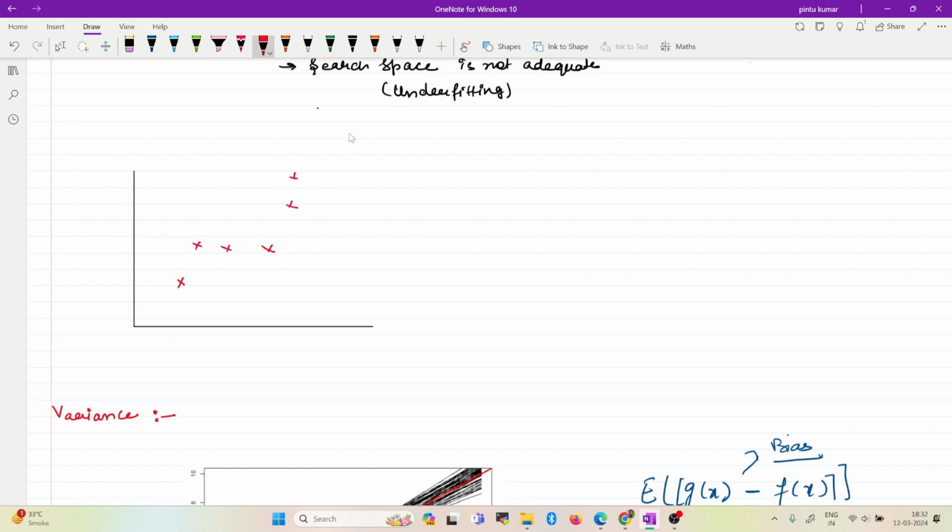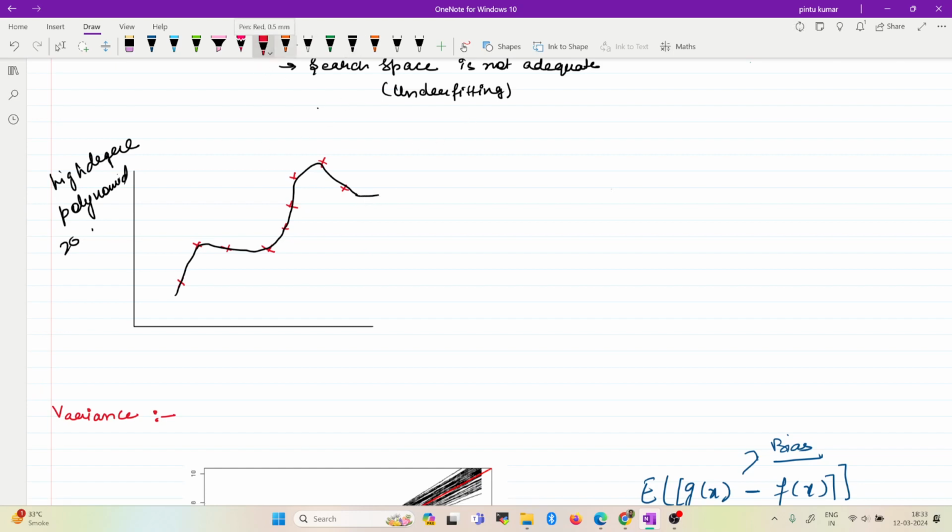You can see that they might have come from some true distribution, and we want to estimate that. Let's say you're using a very high degree polynomial, a 20-degree polynomial. A 20-degree polynomial is capable enough to exactly fit this particular data set, and hence you will have training error 0, and you will obtain a curve something like this.